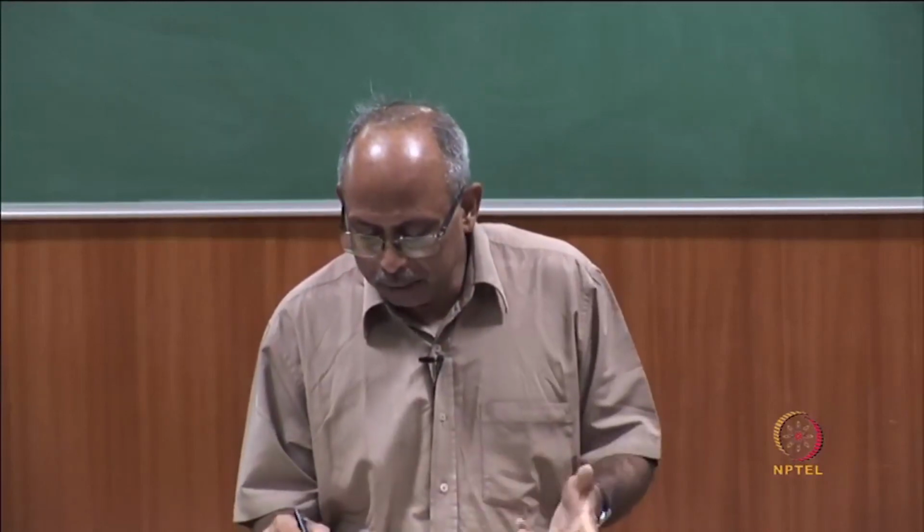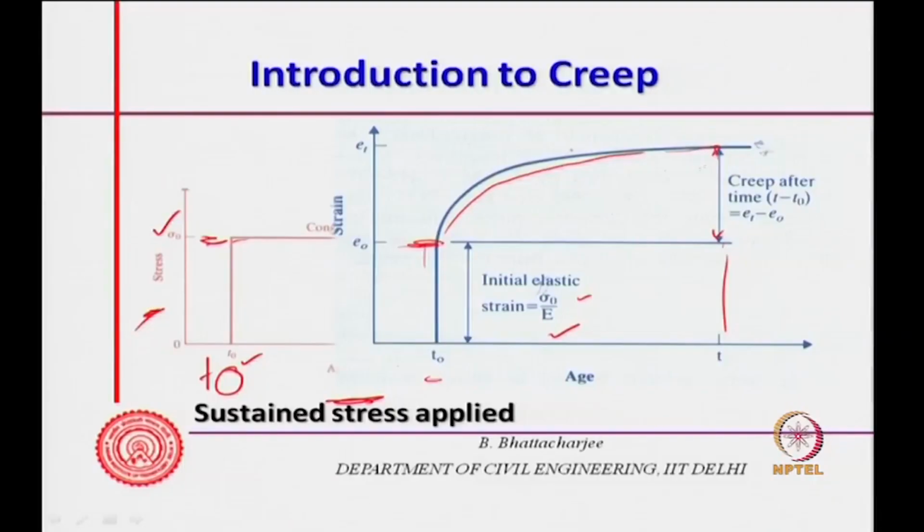Sigma 0 you have not changed, but with time you find there is additional deformation, additional strain, and therefore, the strain at t is the sum total of epsilon 0 plus the creep. So, creep is epsilon t minus epsilon 0, that is the creep strain after time t minus t 0.